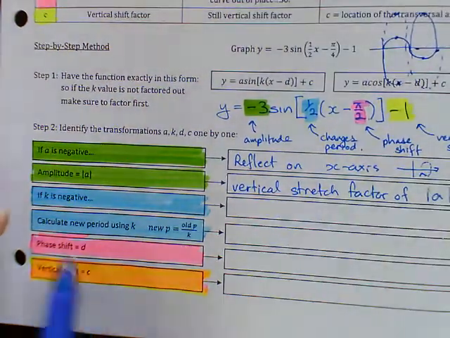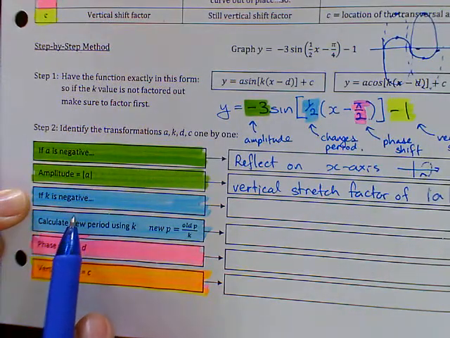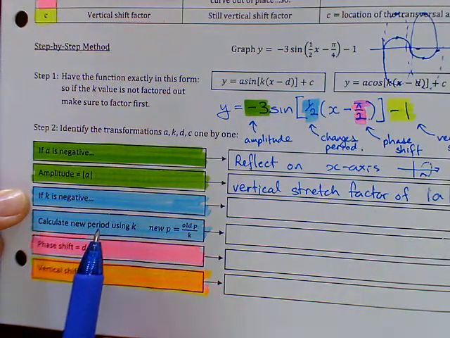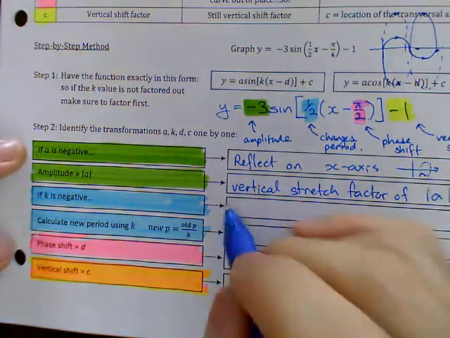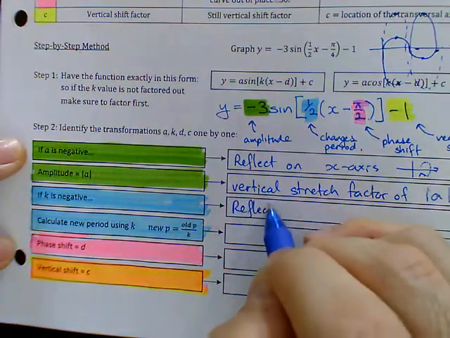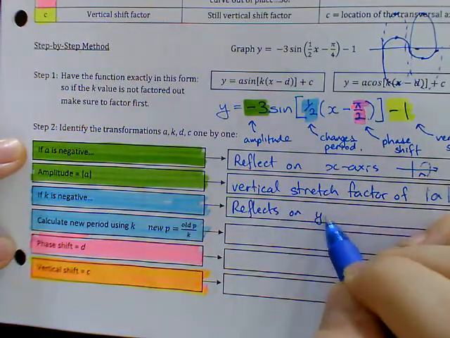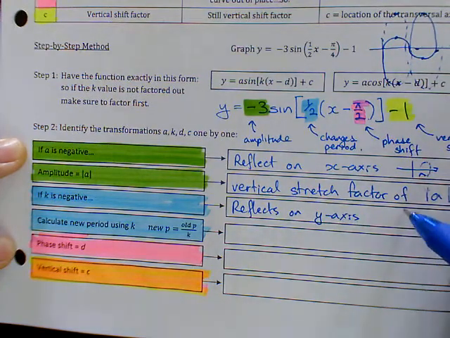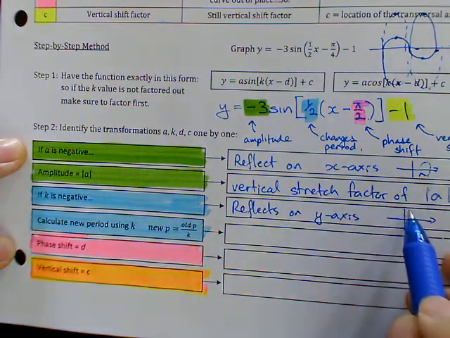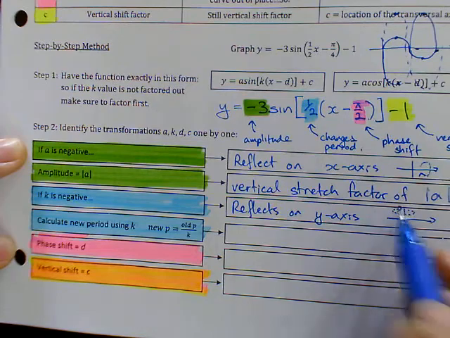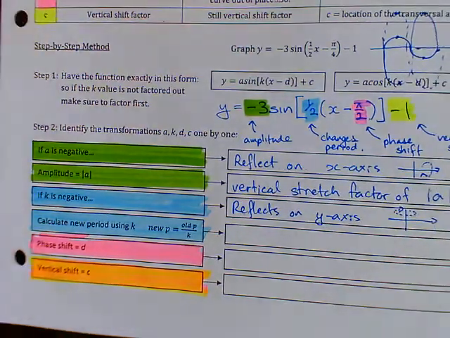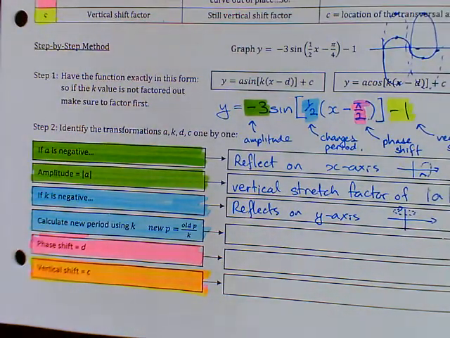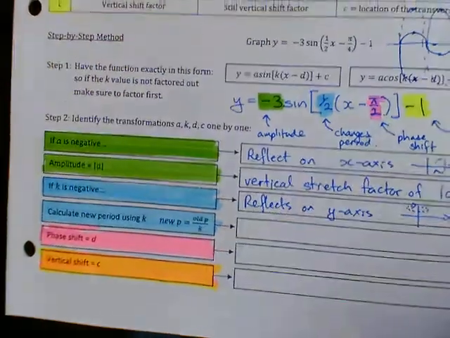If the k is negative, it affects the x values. It reflects on the y-axis. In other words, I rotate it like that, this way. If the k value is negative, I'm reflecting it on the y-axis.